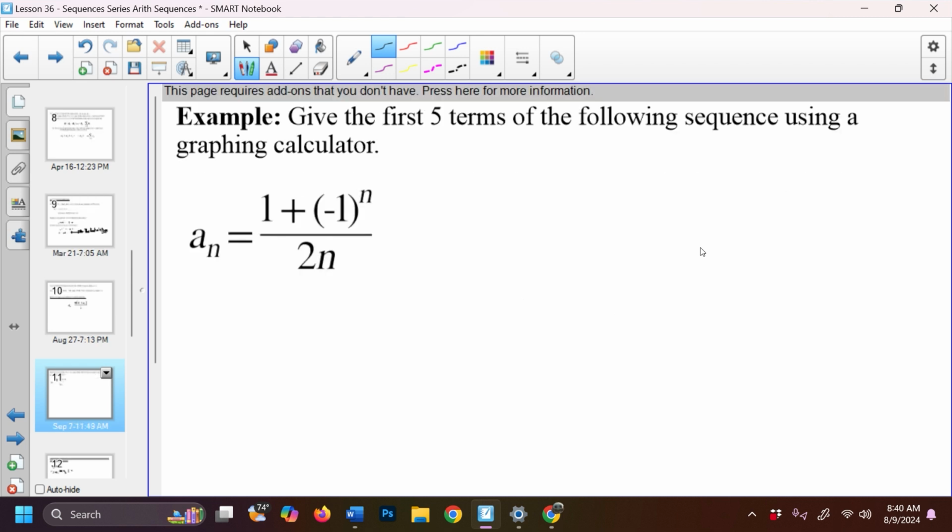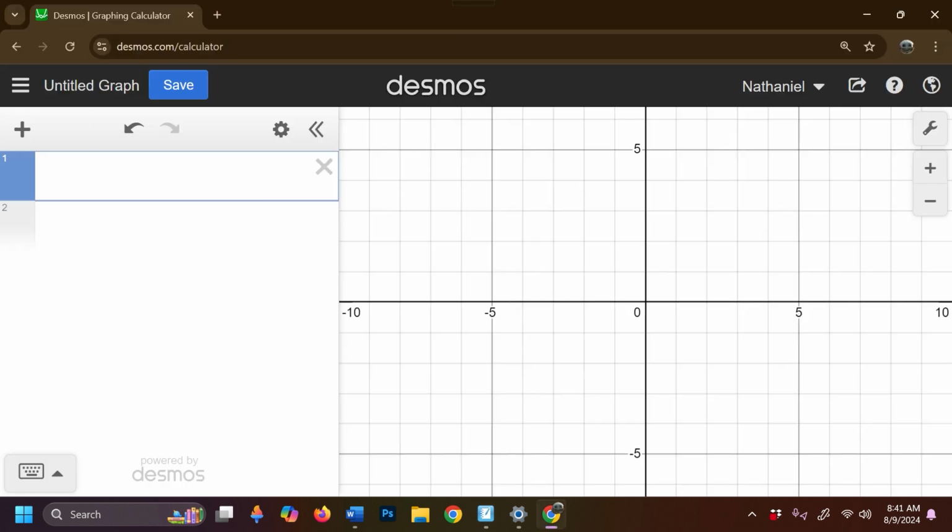So our first example, give the first 5 terms of the following sequence using a graphing calculator. This sequence here is not arithmetic, but what we can do is we can set up a table in Desmos to help us calculate this. So let's go over to Desmos and let's type that equation in as a function.